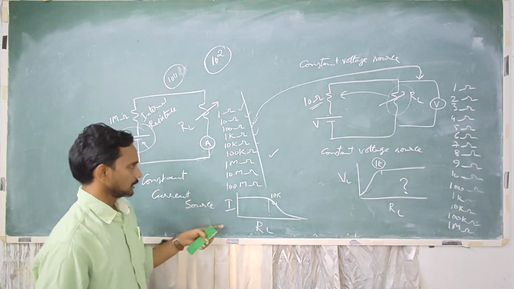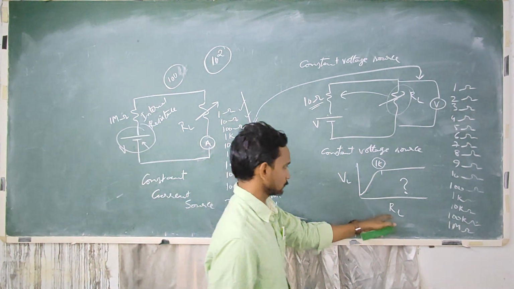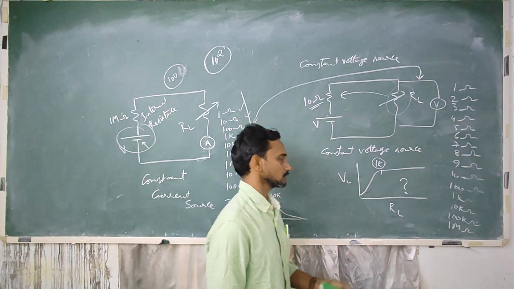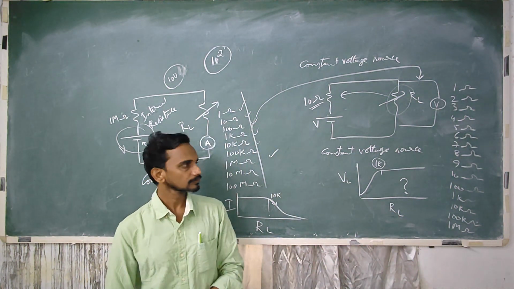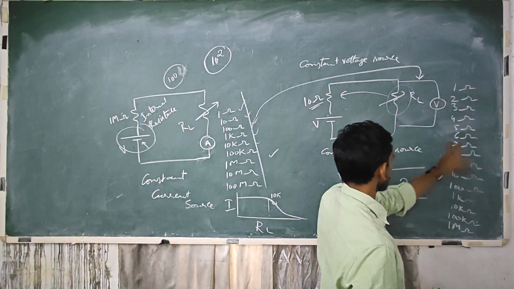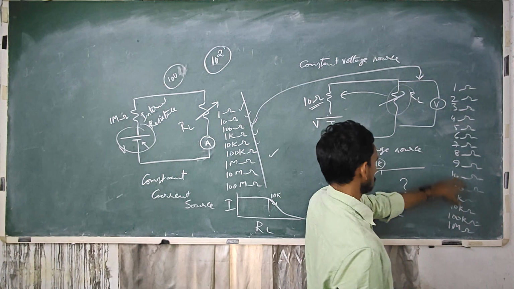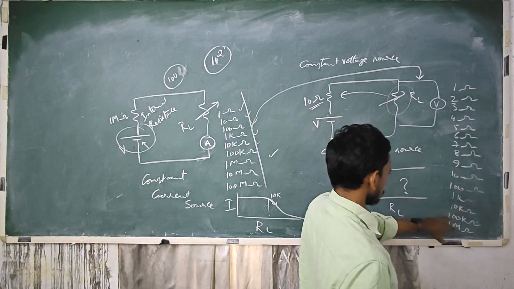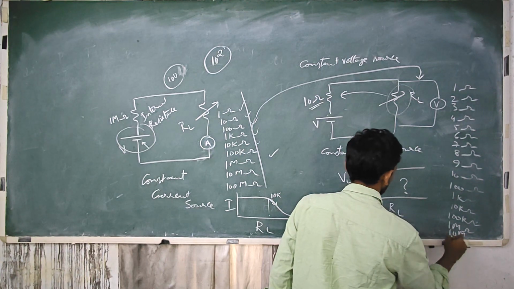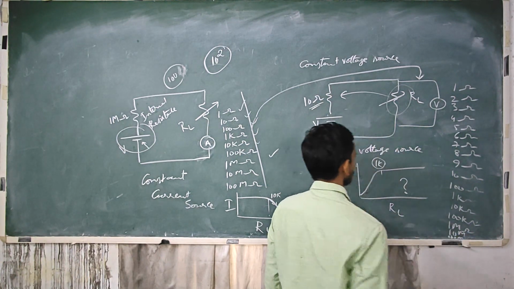Right, and here also we are plotting a graph between RL versus voltage across load resistance, and I am taking values for load resistance starting from 1 to 10, then 100 ohms, 1 kilo, 10 kilo, 100 kilo, 1 mega, 10 mega and 100 mega ohms.